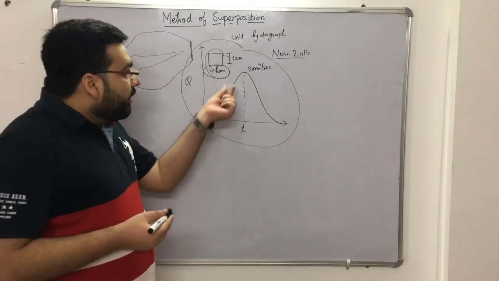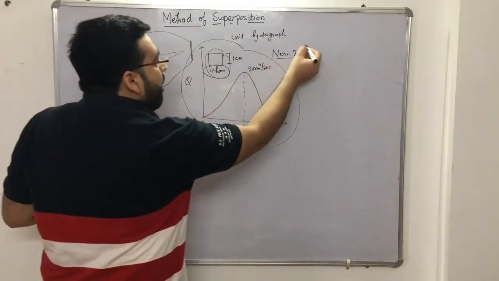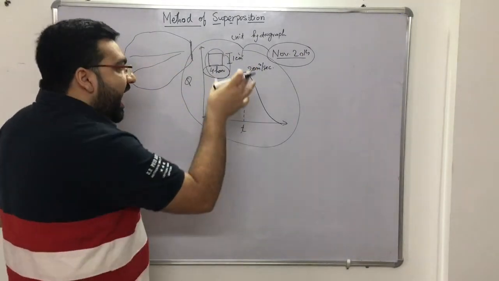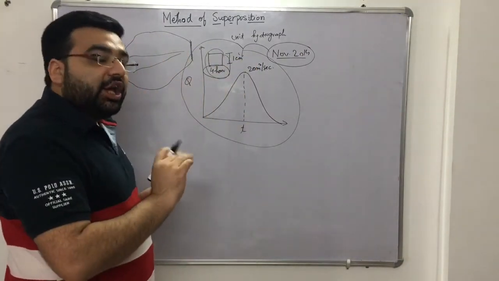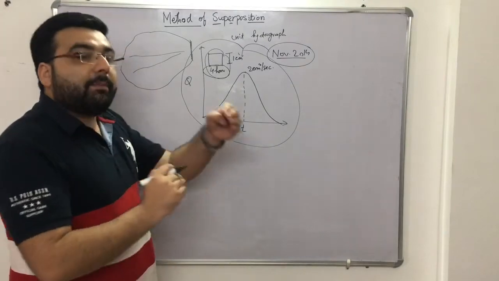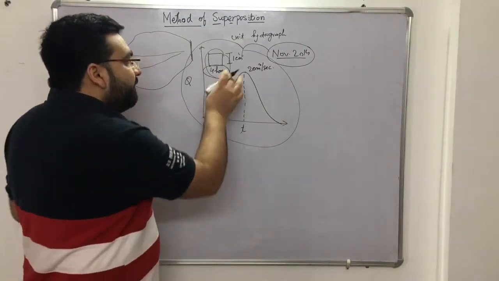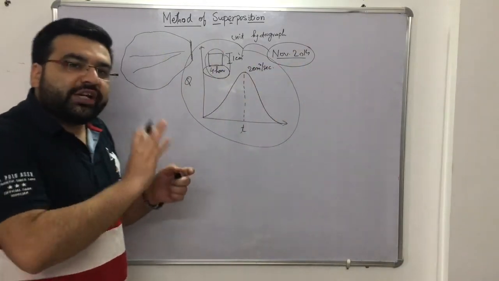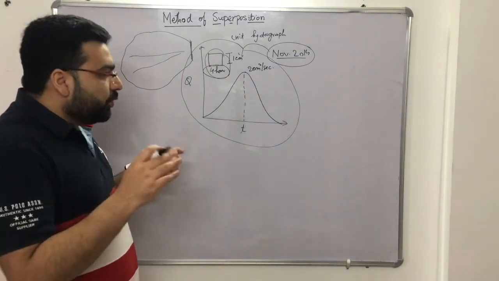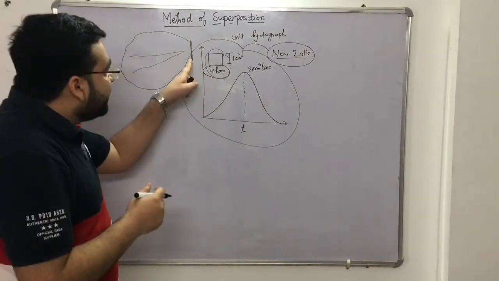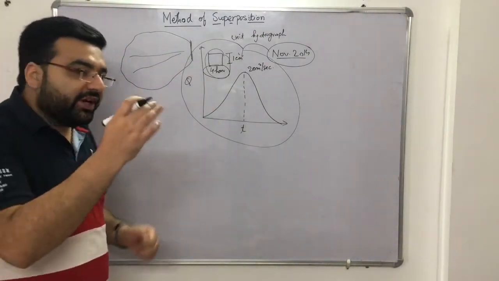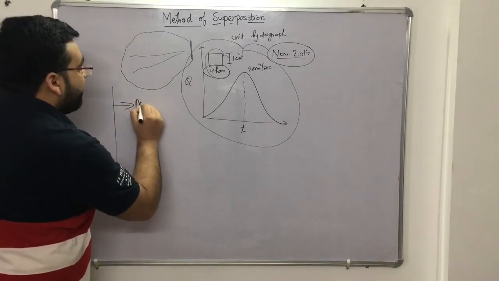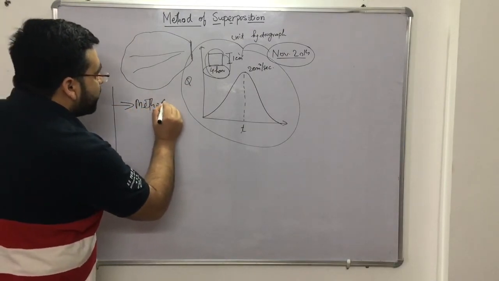In November 2014 you recorded this unit hydrograph, and with the help of this unit hydrograph only, you can extrapolate the data for a 5-hour unit hydrograph, for a 6-hour, 7-hour, 8-hour, and so on. There is no need to again and again record the data at this gauging station. So for this we have 2 methods. The first method is the method of superposition, which we are going to study just now.